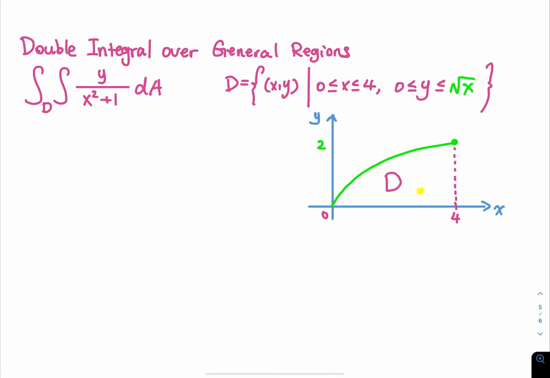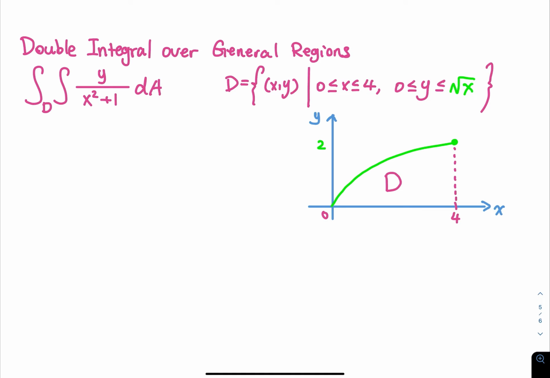There is a three-dimensional space between this region and your paper, which is the function. That space, we call the volume.